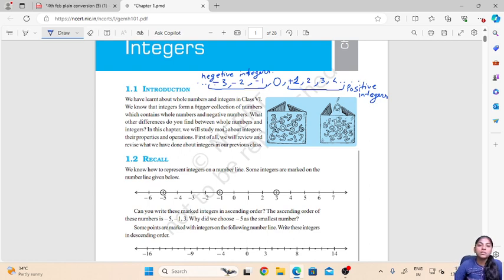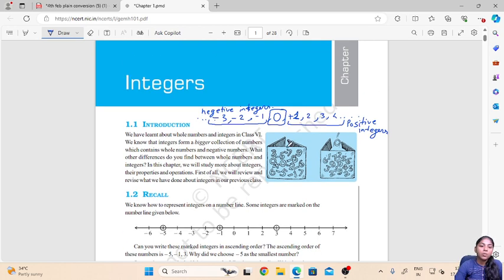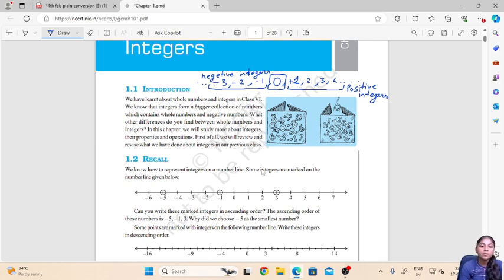Then 0 is an integer which is neutral. It doesn't have a positive or negative sign. Among these, -1 is the biggest negative integer and 1 is the smallest positive integer, or -1 is the greatest negative integer and 1 is the smallest positive integer.